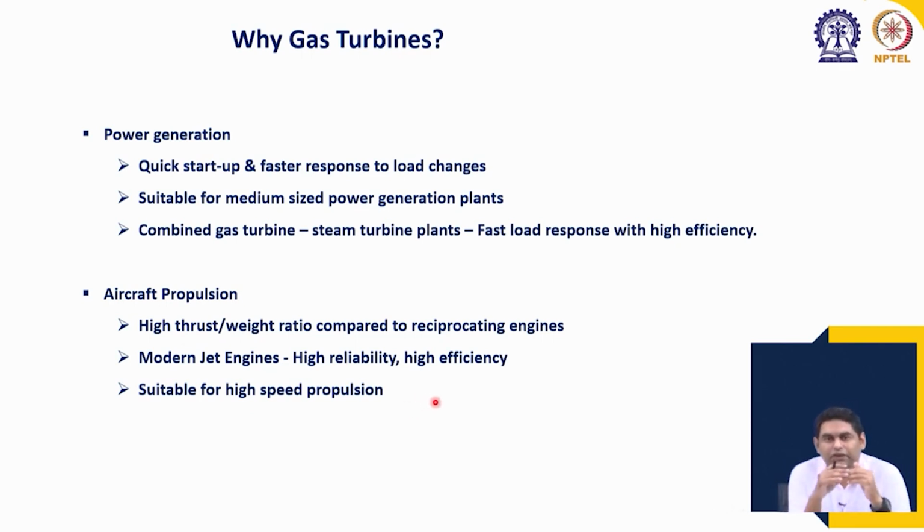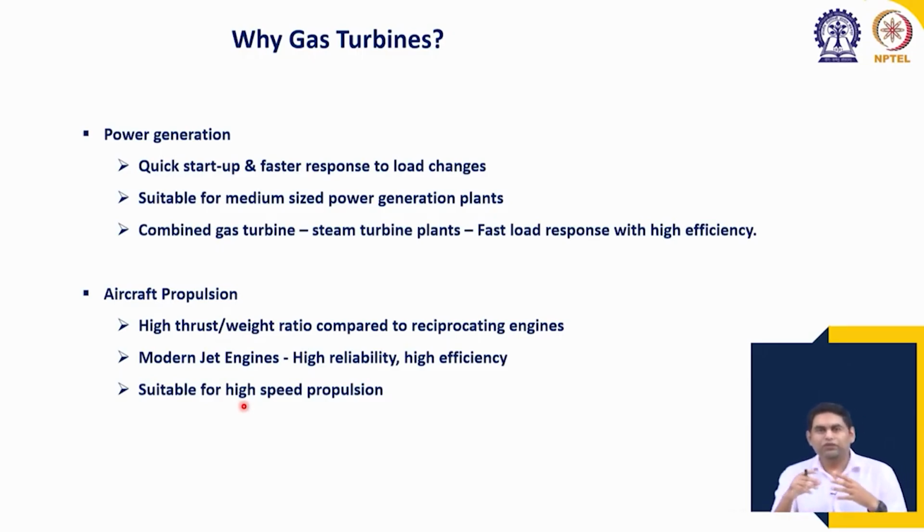And the other major factor which we have not yet discussed is that they can take the aircraft to very high speed. So, if you are designing an aircraft with high speed, you cannot use a reciprocating engine with a propeller. The propeller has to be run such that the tips of the propeller are still at subsonic speed.